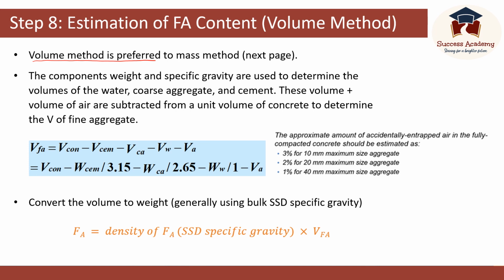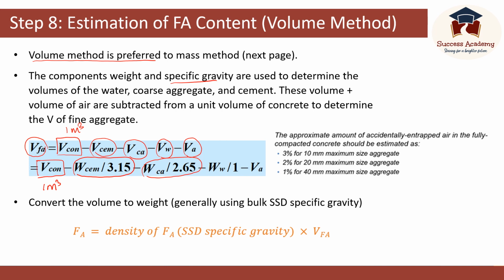As you see here, the volume of fine aggregates will be the volume of the concrete mix, which is 1 cubic meter, minus the volume of cement, minus the volume of coarse aggregate, minus the volume of water, and minus the volume of air. We can find the volume of cement by dividing the weight of cement by the specific gravity of the cement. The volume of coarse aggregates can be found by dividing the weight by the specific gravity of coarse aggregate.